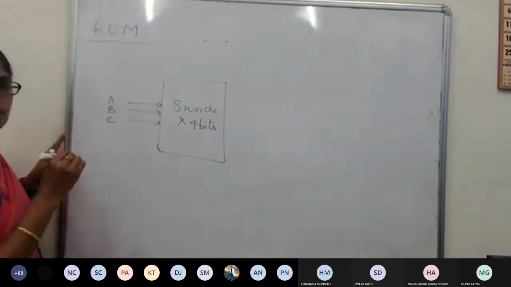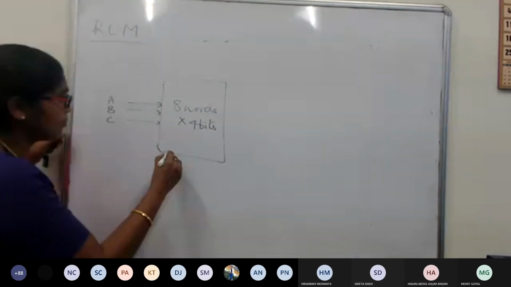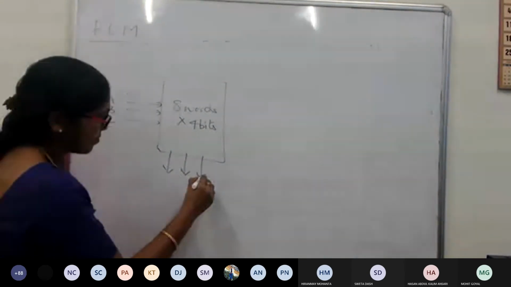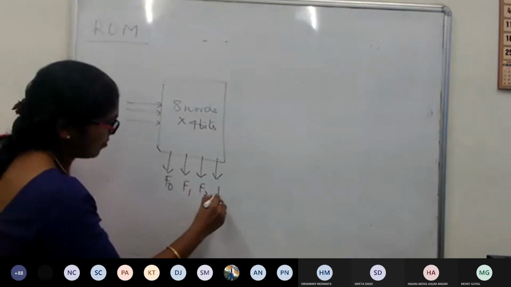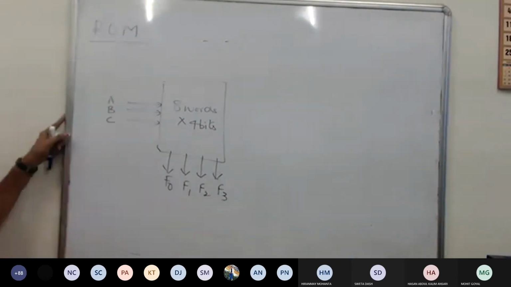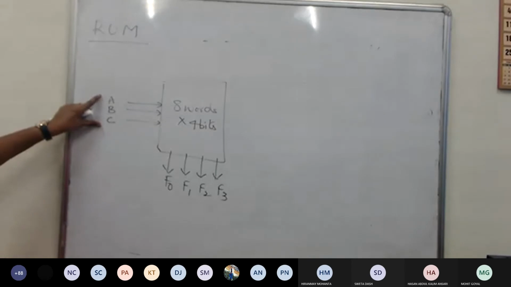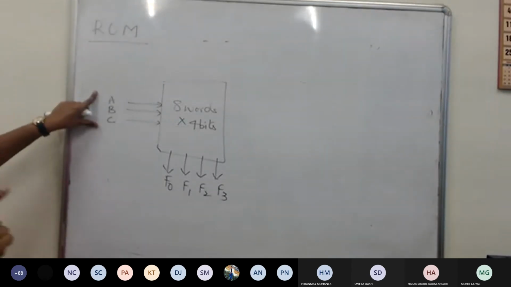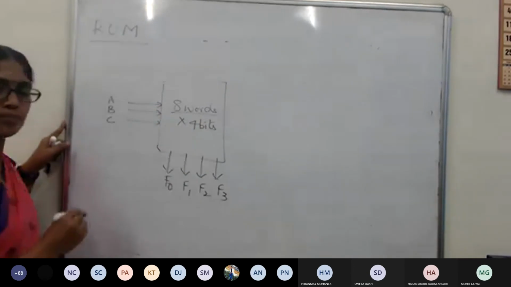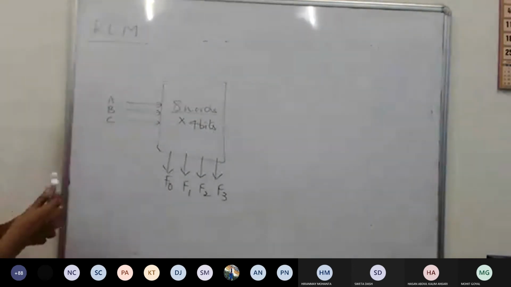This is just an example I am giving. Now, 3 inputs. Right now I will just explain what a word is. These 3 inputs will create 8 words. First, concentrate on the words.